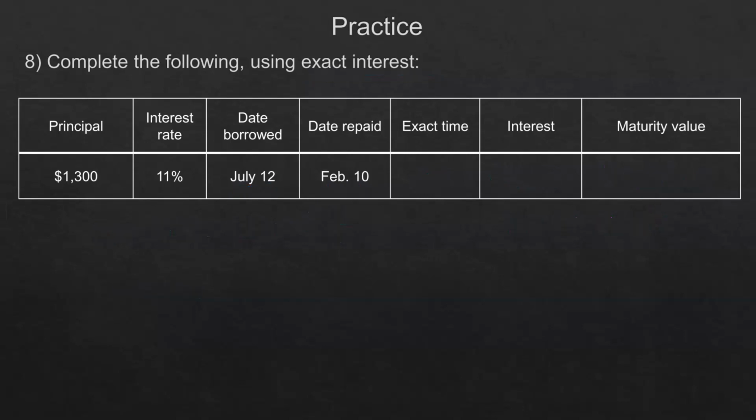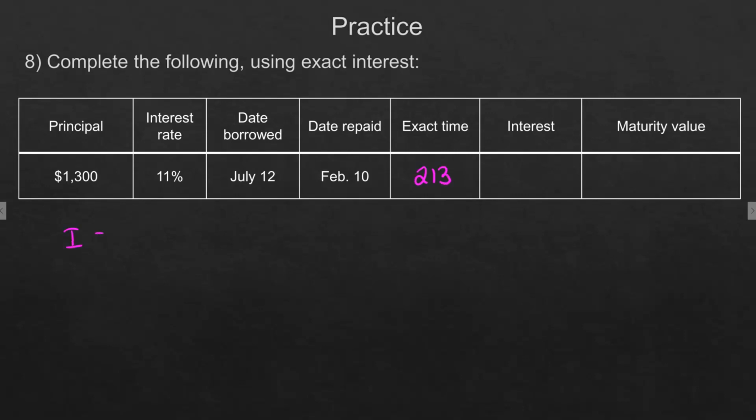All right, and then we're going to compute basically the same loan that we just talked about, but now with exact interest instead of ordinary interest. So our interest amount is going to be just a little bit different than it was on the previous question. Okay, so we're going to use the same 213 days.